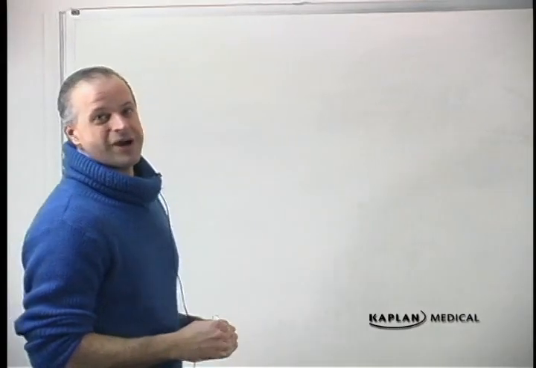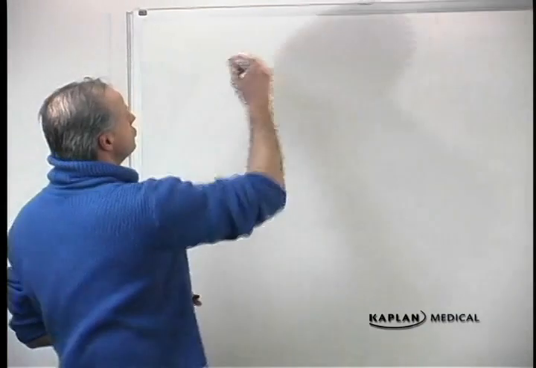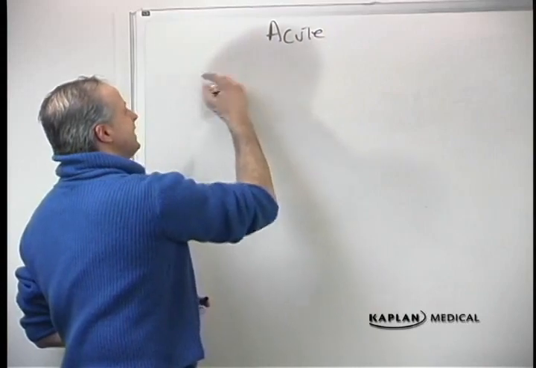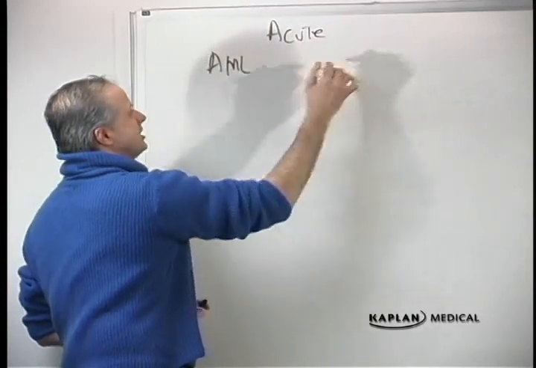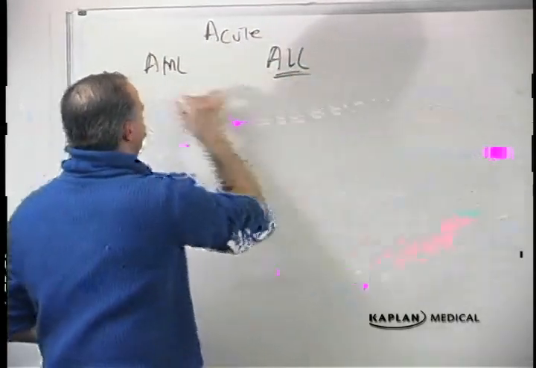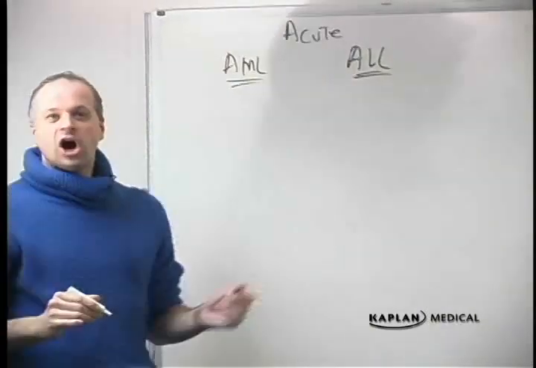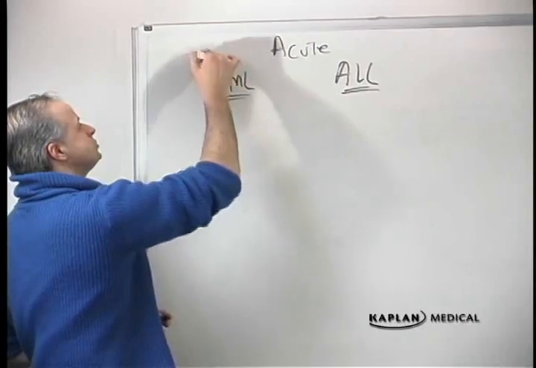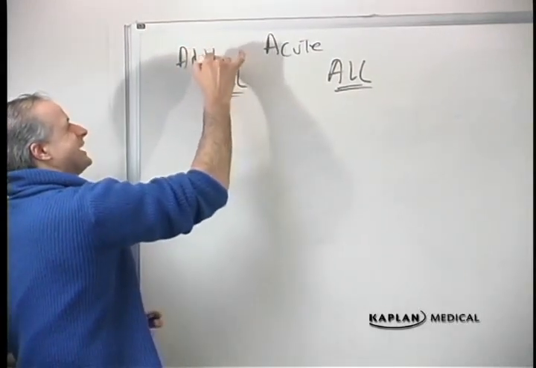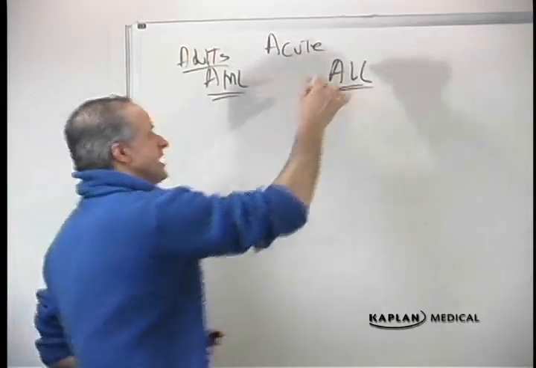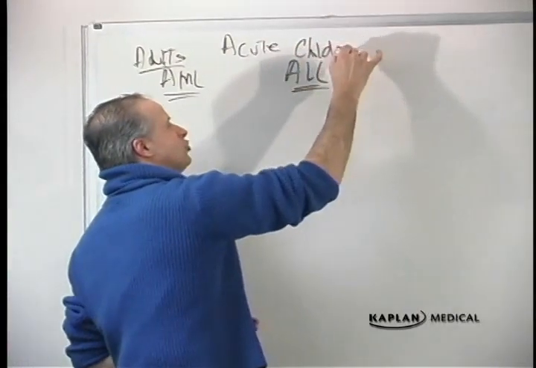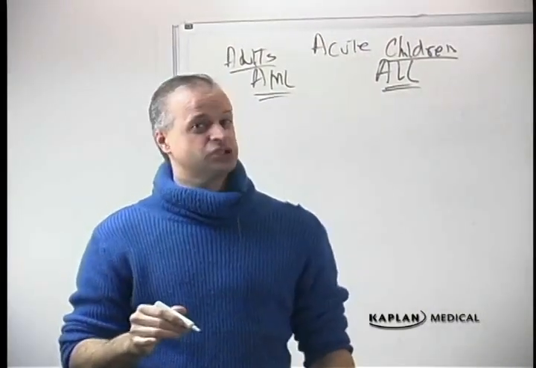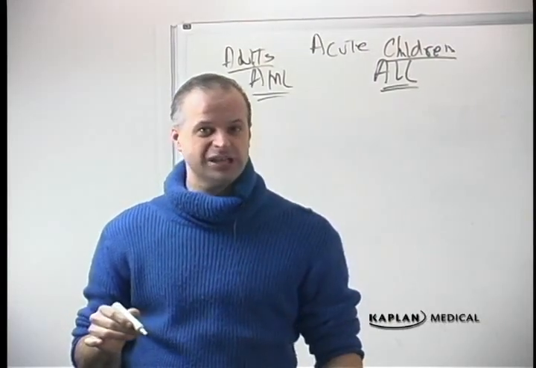Now, the first part about acute leukemias is that acute leukemias are divided up into acute myelogenous leukemia and acute lymphocytic leukemia. However, although most adults get acute myelogenous leukemia and children get acute lymphocytic leukemia, some adults can have lymphocytic and some children can have acute myelogenous leukemia.